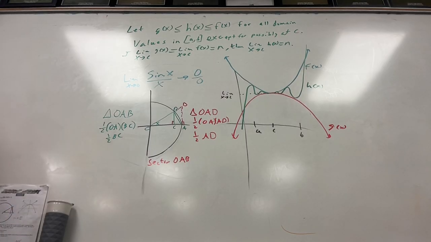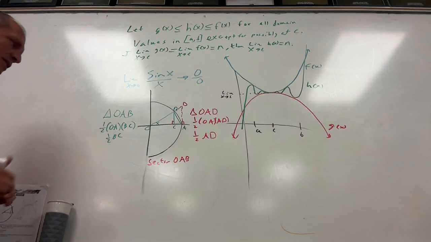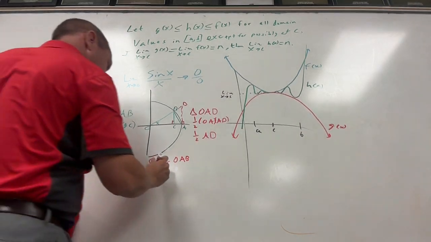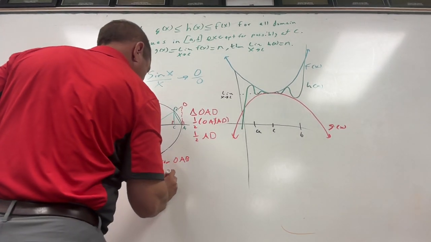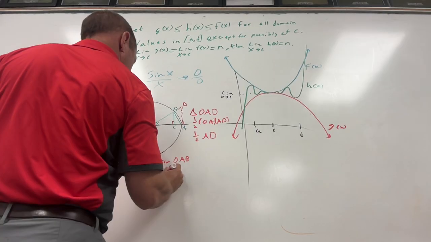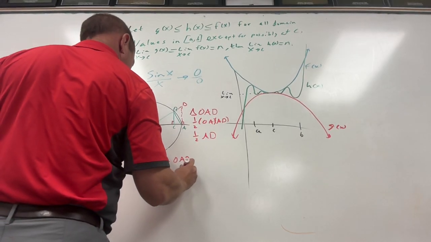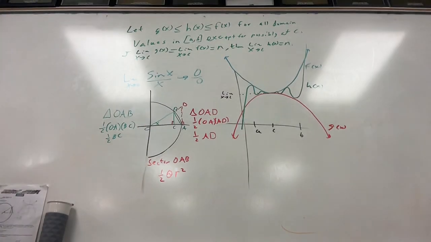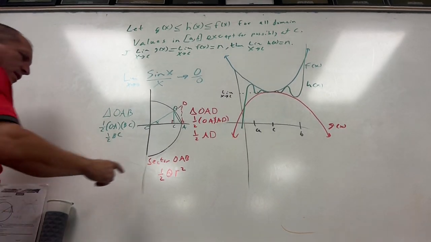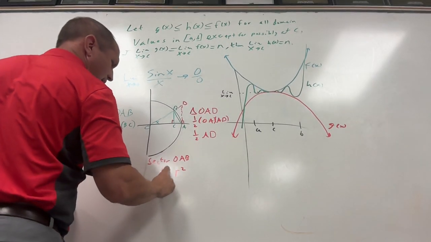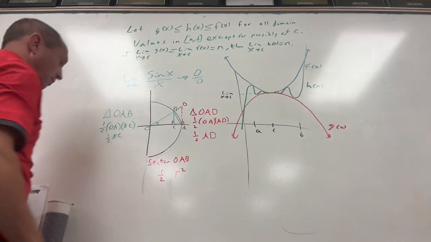And you would get that by finding the angle. Let's just talk about that in terms of radian value. It ends up being 1/2 theta r squared.